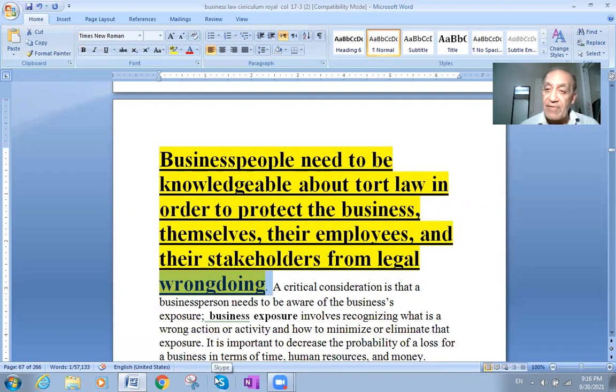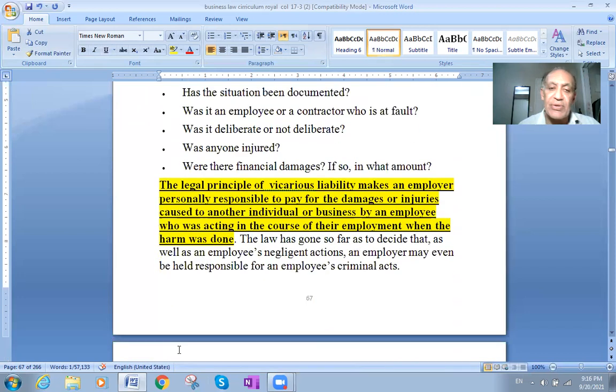I must know everything about tort law so I can protect the people from any problem that arises now or in the future. This is regarding tort law.